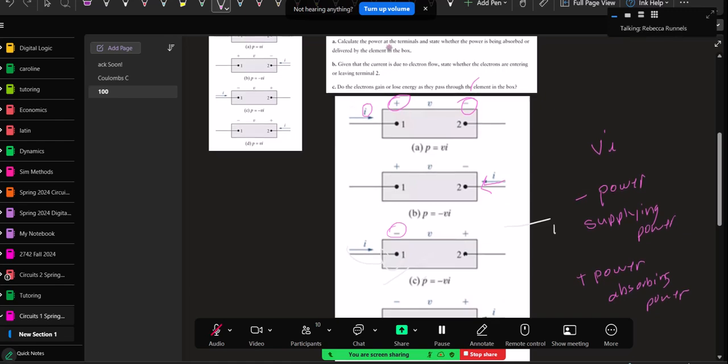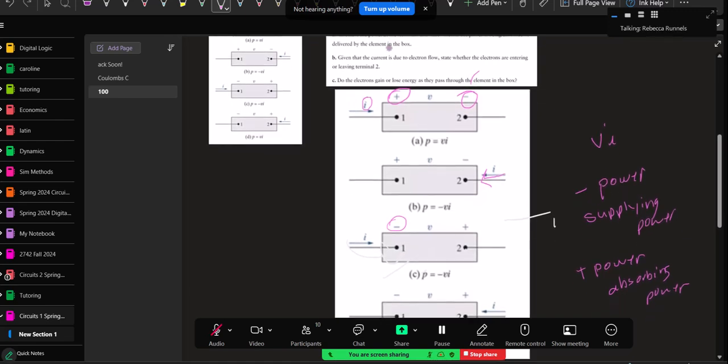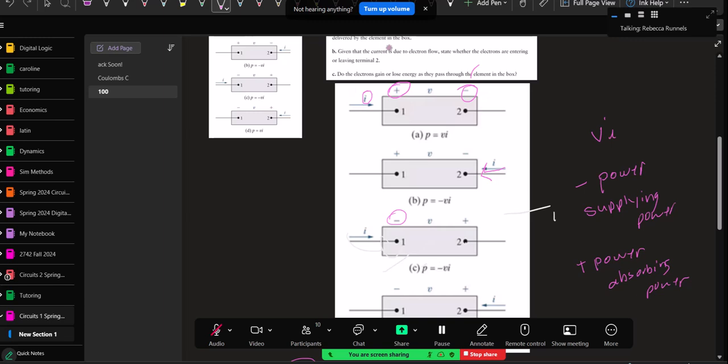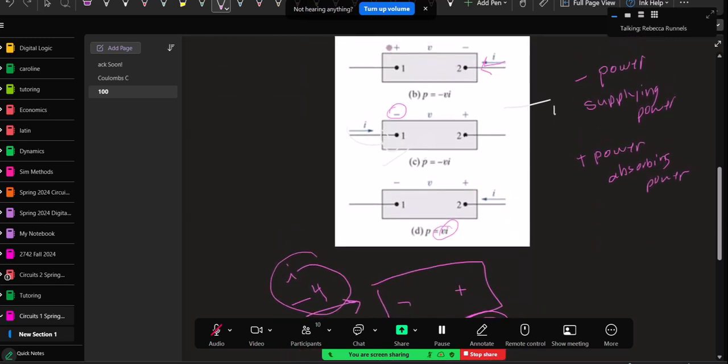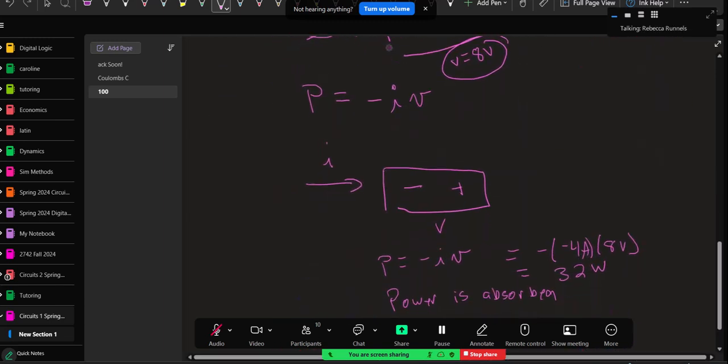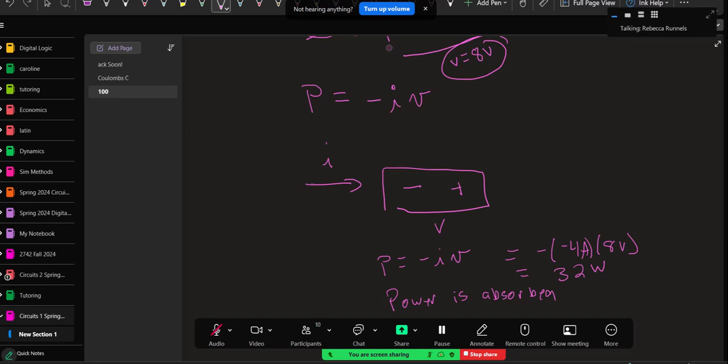Given that the current is due to electron flow, state whether the electrons are entering or leaving terminal 2. So this is 1, and this is 2. Now I do have to pay attention to the sign. So I is negative 4 amps.